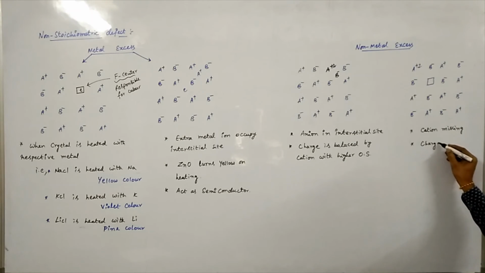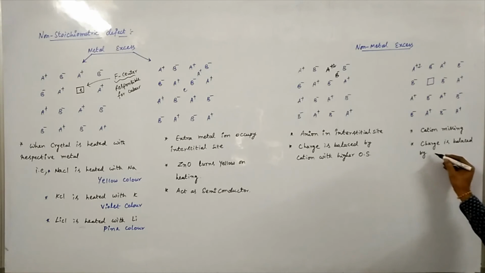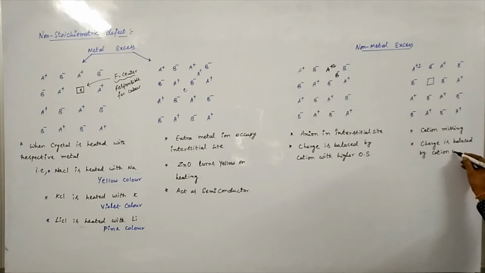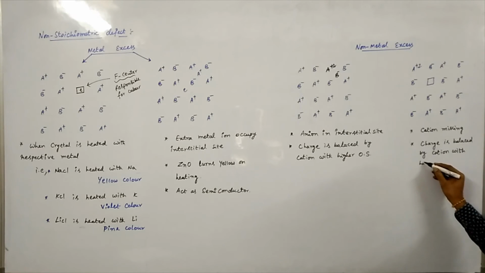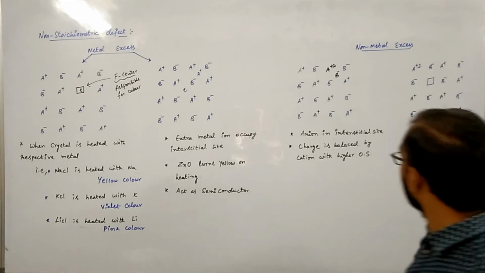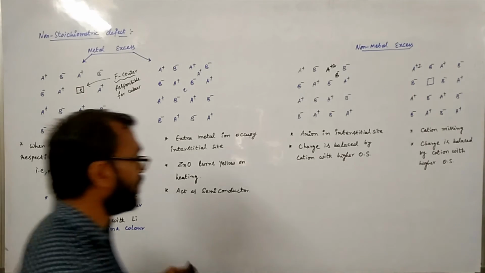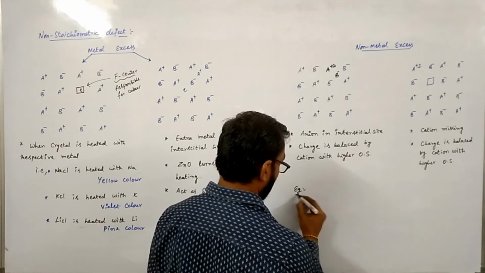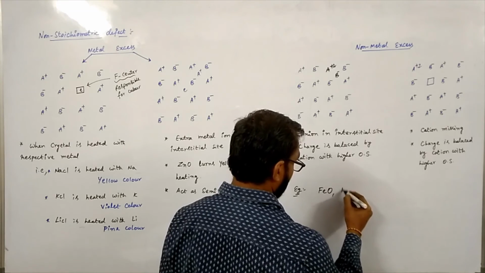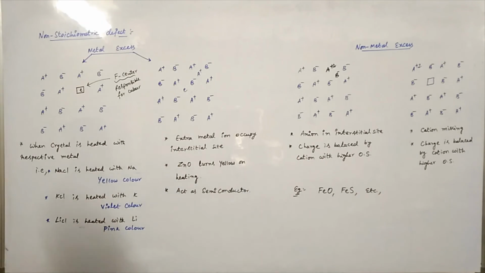Charge is balanced by cation with higher oxidation state. Example: ferrous oxide, ferrous sulfide, etc. Nickel oxide, etc.